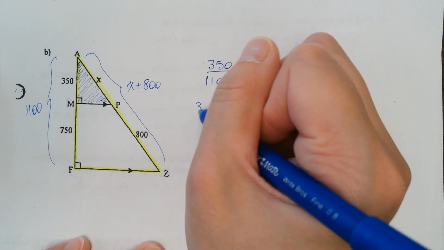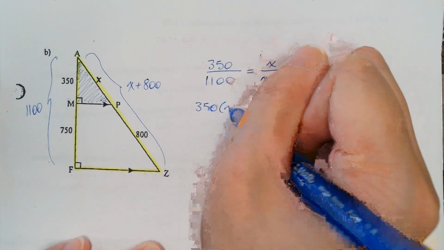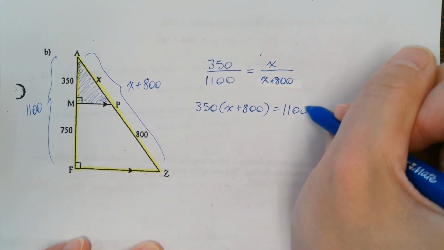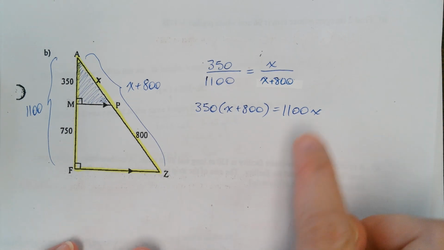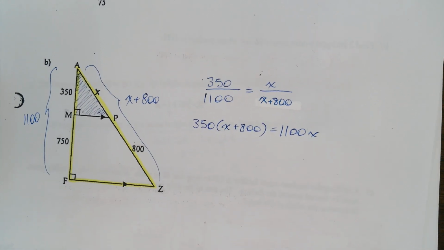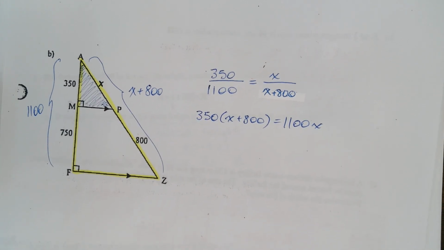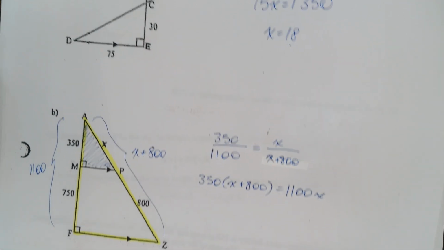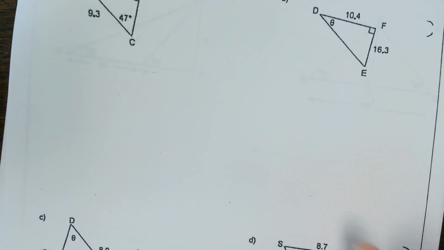So you have 350 times x plus 800 equals 1100x. Okay, move it over, solve, and you'll get your answer. So you've seen it so many times. Just don't get tricked. Bring some color pencils to the exam if you need to, so that you can highlight.